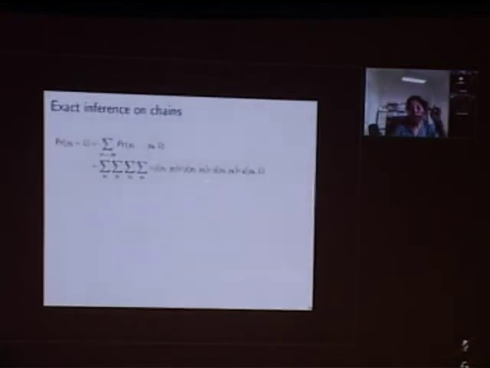Because our graph is a chain, we will have potentials only over adjacent variables. So let's say we have potentials over y1, y2, another over y2, y3, a third over y3, y4, and the fourth over y4 and y5, with y5 taking just a fixed value.